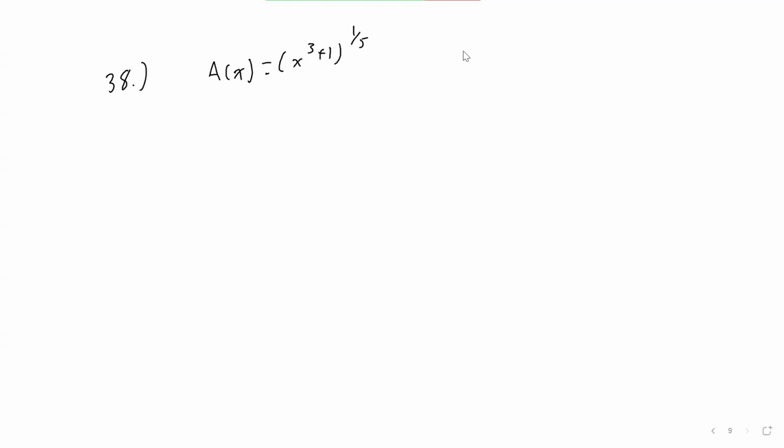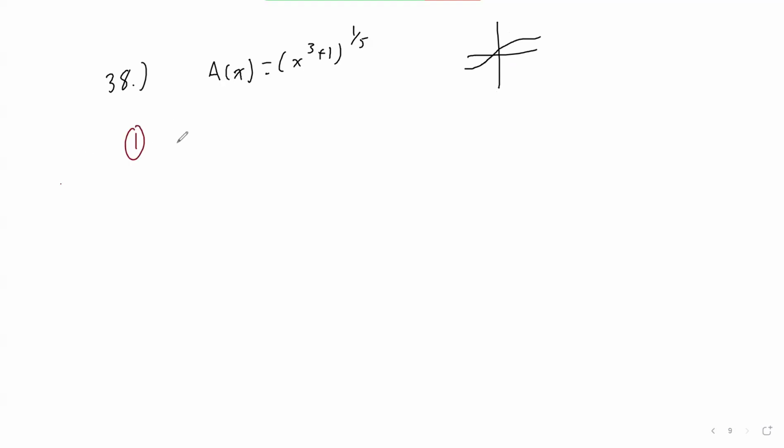And again, on this 1/5 here, knowing about my negative exponents and the power functions from the very first part of this unit, that would give me an odd radical, so that'd be something like this. It's going to give me some type of function like the cubic. The fifth root would do the same thing. So I think I'm good to go. Again, I don't think there's any domain restriction.